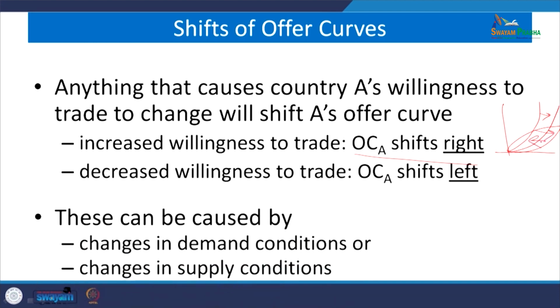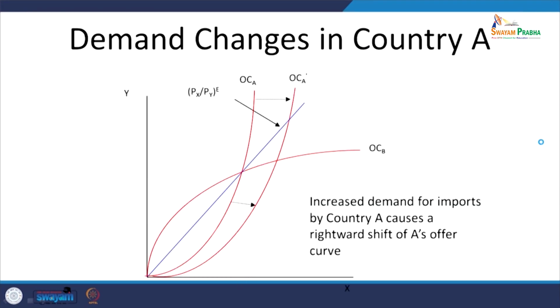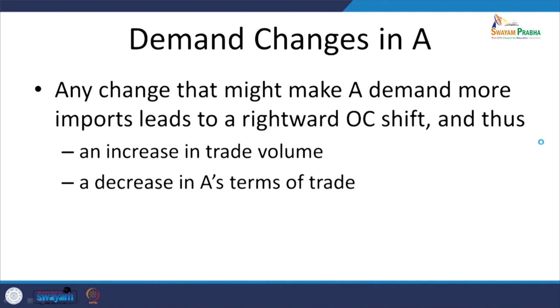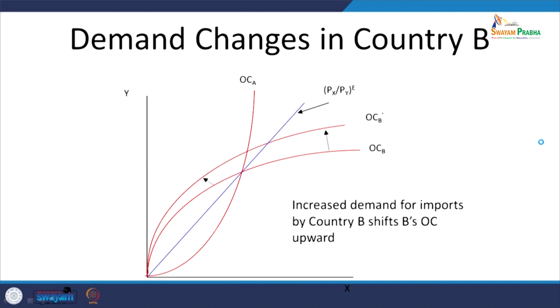Similarly, we can explain this for country B as well, and these can be caused by changes in demand and supply conditions. When demand changes, there are shifts in the terms of trade as well as the offer curves.